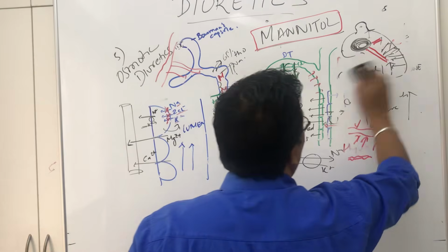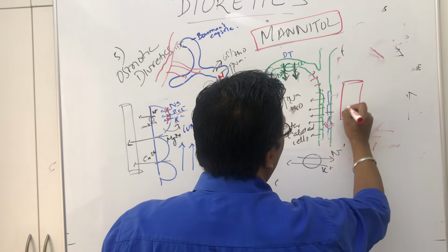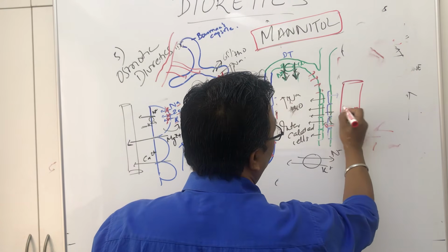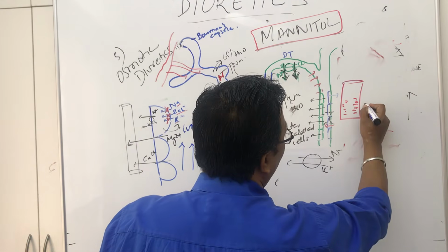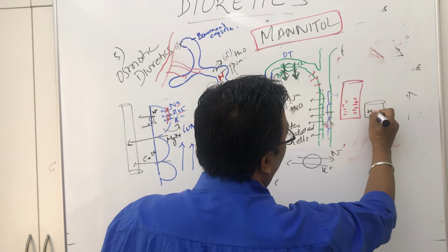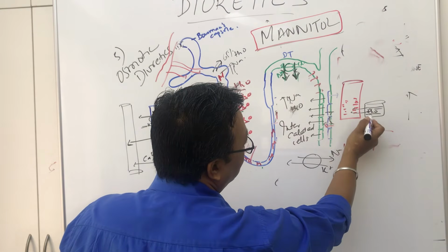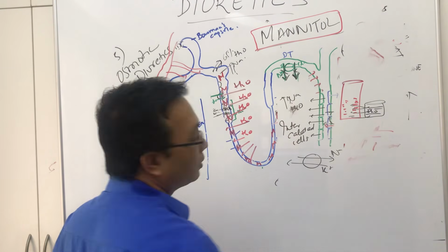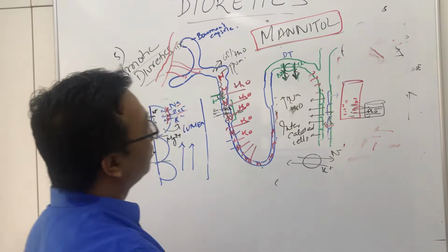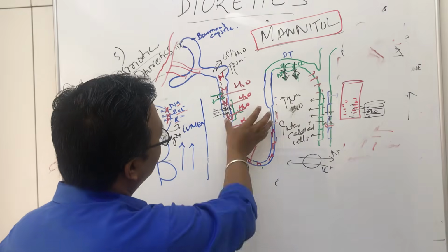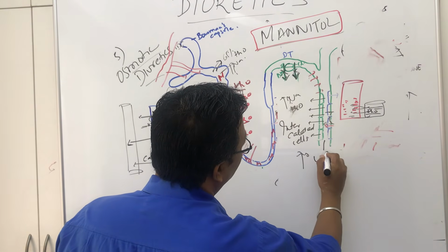Like what I am saying here, this is the mannitol, and this is water. Once you put mannitol here, water will be shifted here because the mannitol can pull. It is osmotic. That's why you call it an osmotic diuretic. So when you give mannitol, it will automatically increase the urine volume.